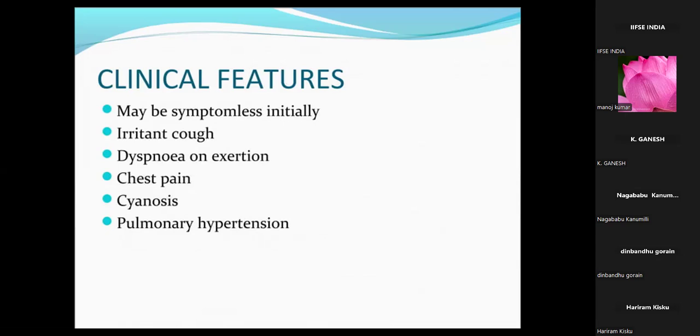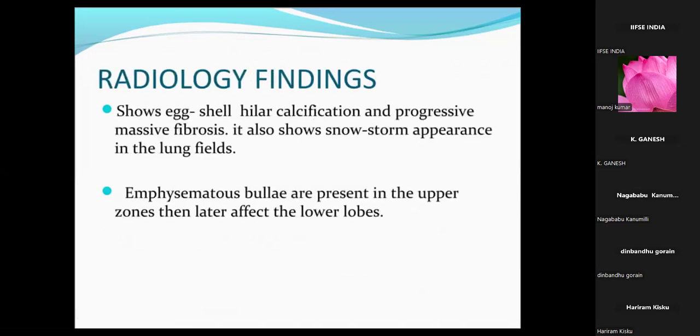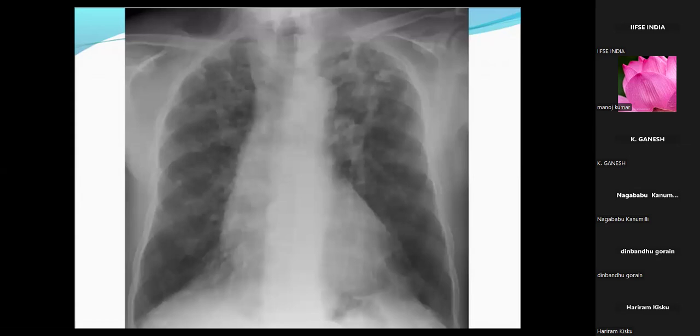Cyanosis, as I told you, is the blackening of your lips, fingernails, then palms; slightly it starts becoming blue in color. Then pulmonary hypertension and difficulty in breathing. Radiological findings you don't need. So this is the X-ray. Some of these slides I'll show you were originally taken from dead people, just to show you how it looks. So this is the X-ray of a person who is infected with silicosis.